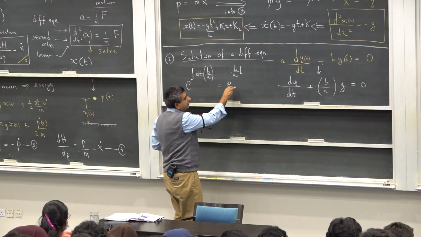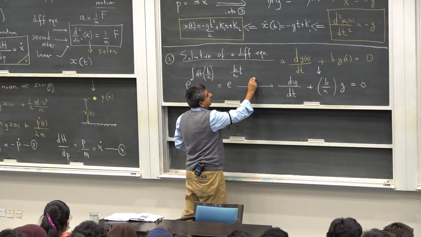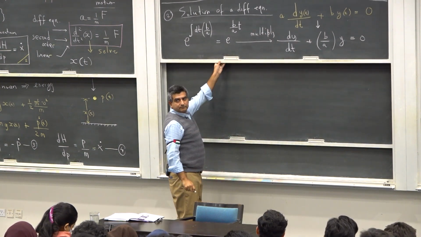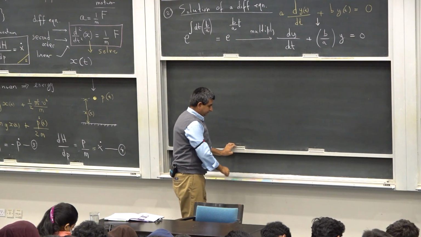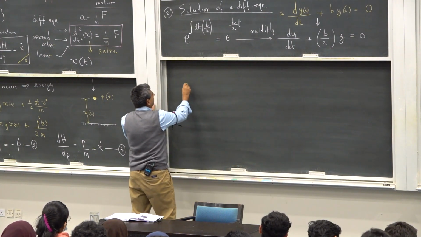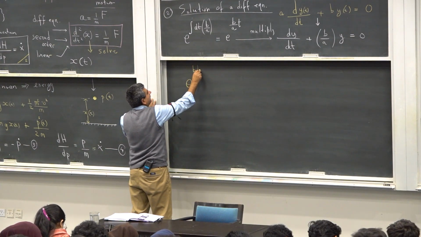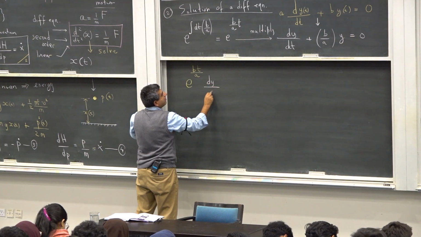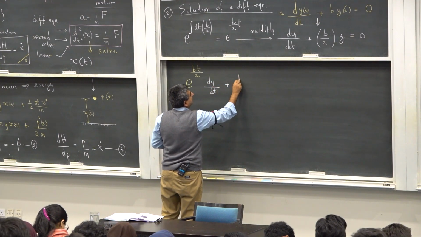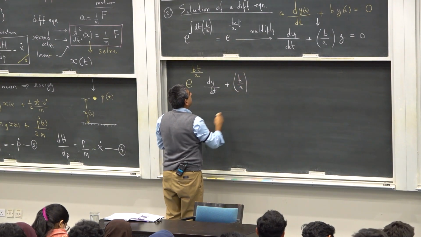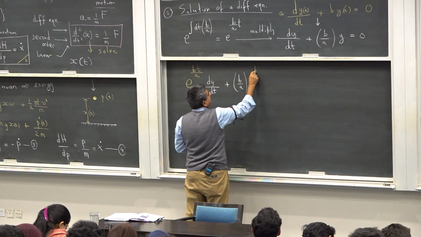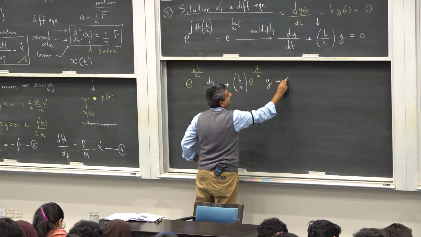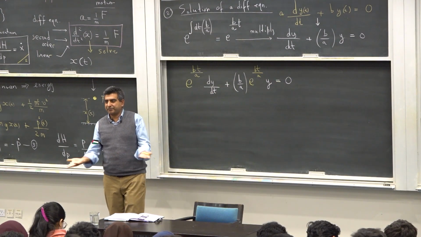I multiply this equation with the integrating factor: e raised to power bt over a dy by dt plus b over a e raised to power bt over a y equals 0.